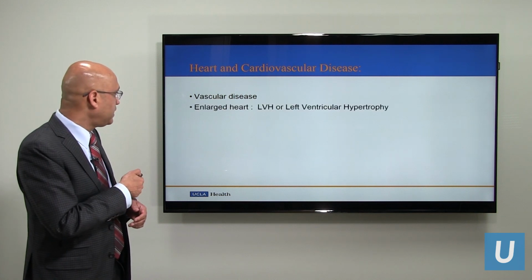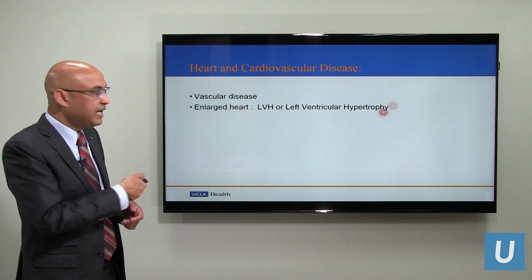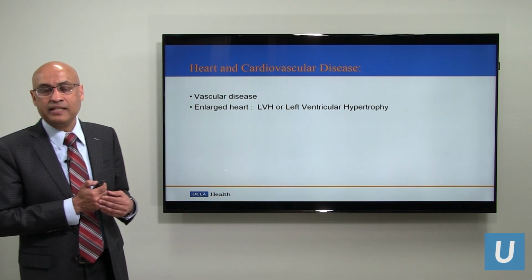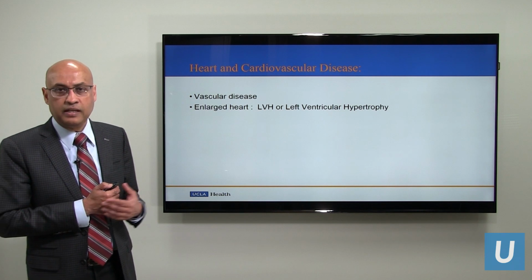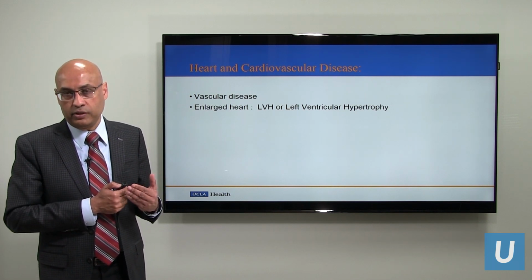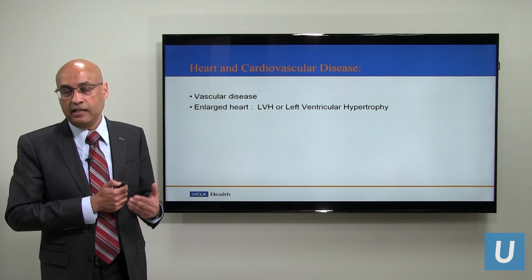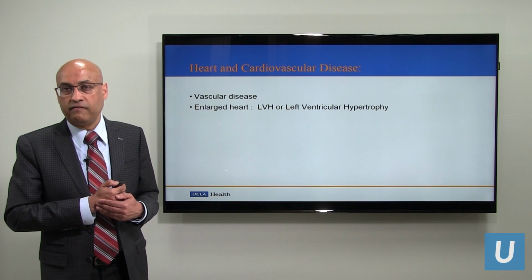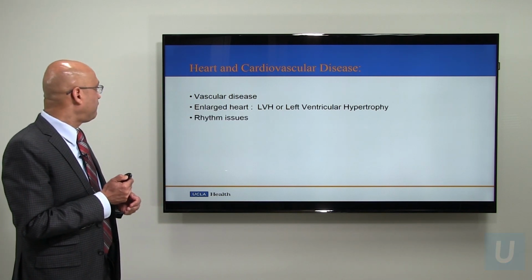So if you see something called left ventricular hypertrophy, LVH, and it's out of proportion... kidney patients tend to have LVH, especially with advanced kidney disease, and that's because of high blood pressure, anemia, and fluid overload. But if you have LVH out of proportion to kidney disease, then your healthcare provider should think about Fabry's disease. So that's really important.